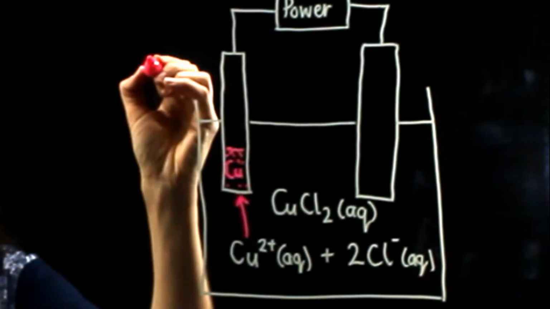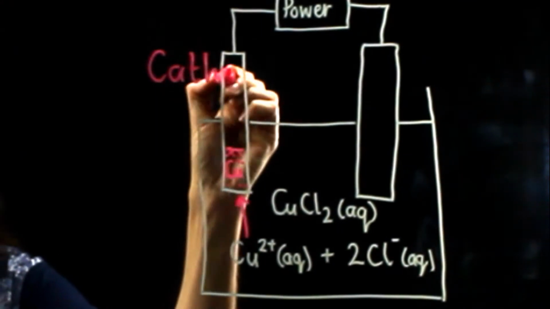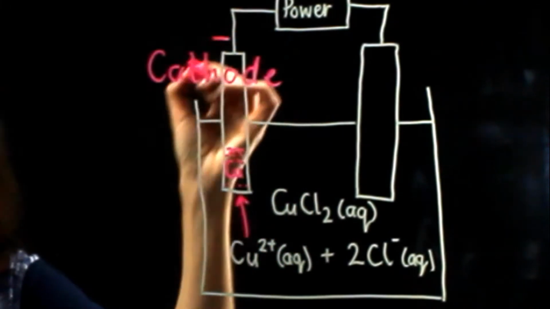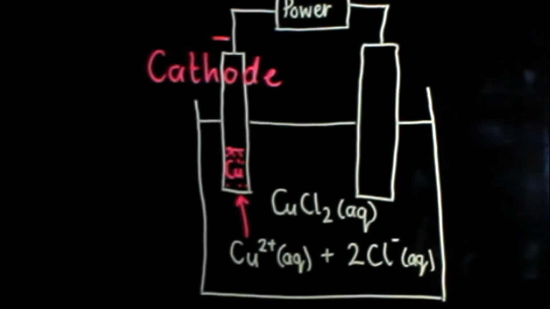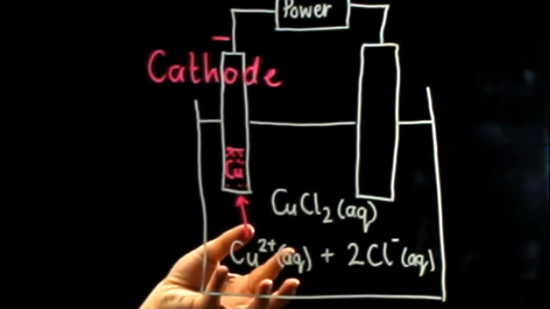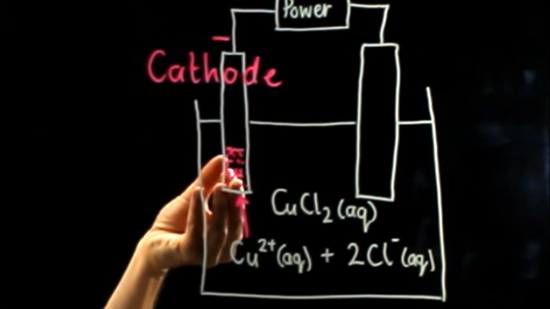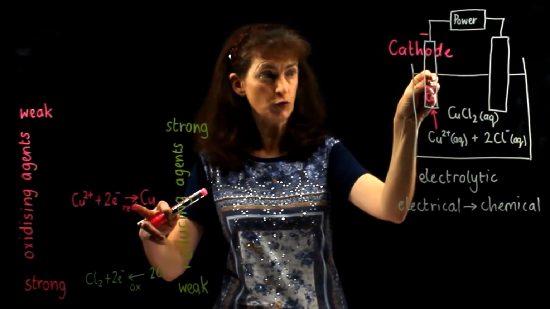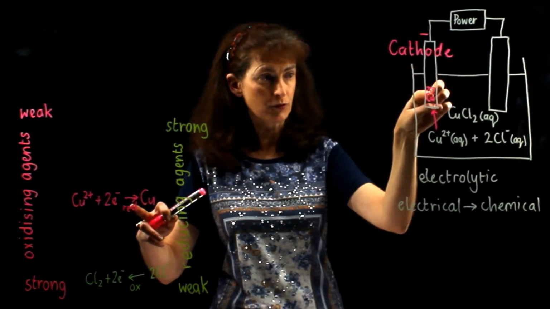And that tells us that this is the cathode. It also tells us that this must be the negative electrode because it has to be negative to attract the copper 2 plus cations, which are then reduced at the cathode.